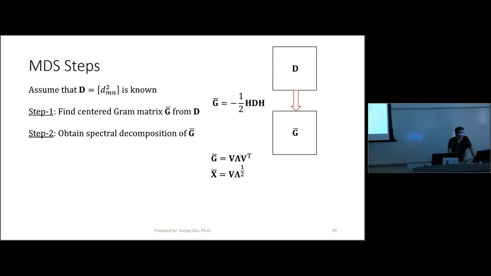So this is always a positive definite matrix, the Gram matrix. So what will happen to lambda? Lambda is a diagonal matrix of all eigenvalues. All the eigenvalues would be strictly positive. Whence X bar, this is an estimate actually, is equal to V times lambda to the half, square root of lambda.